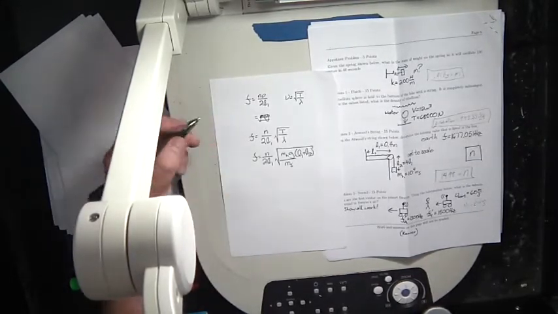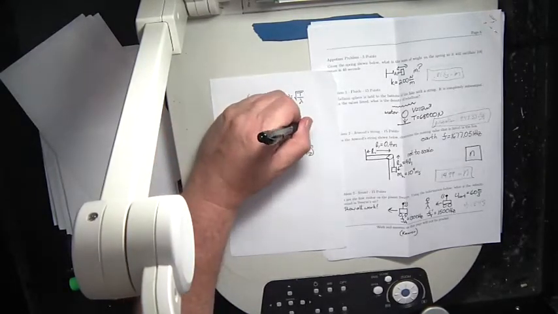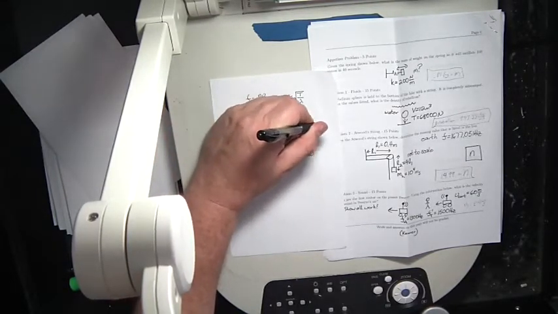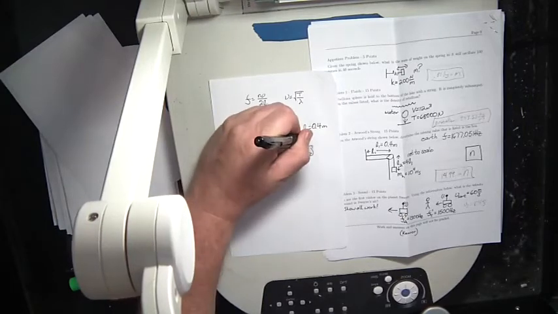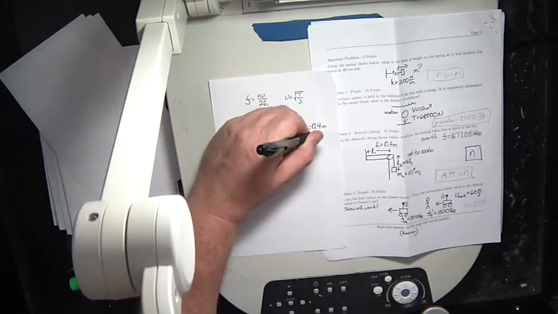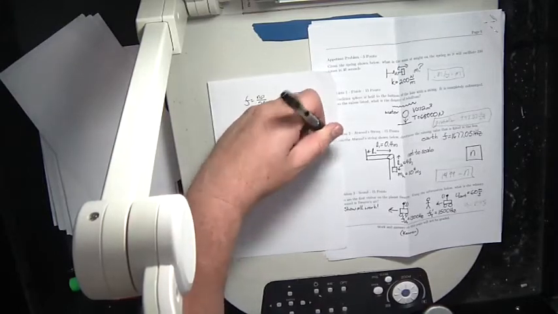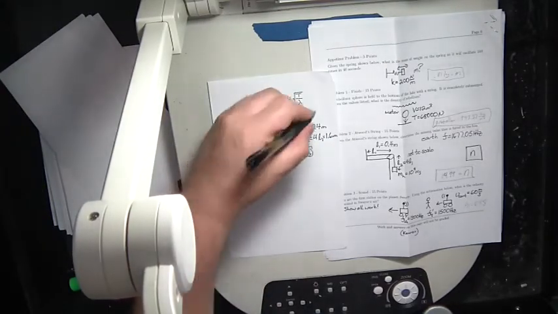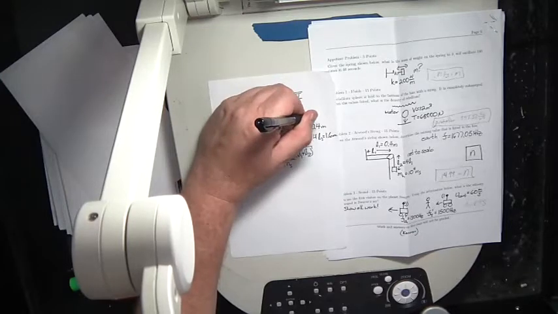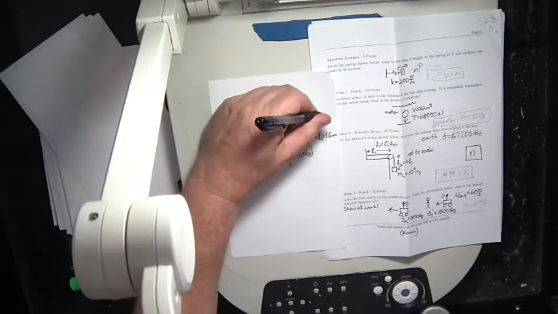We have a couple of things to substitute in. L1 is equal to 0.4 meters, and L2 is 4 times L1, or 1.6 meters. Therefore, the total length, L1 plus L2, is 2 meters.